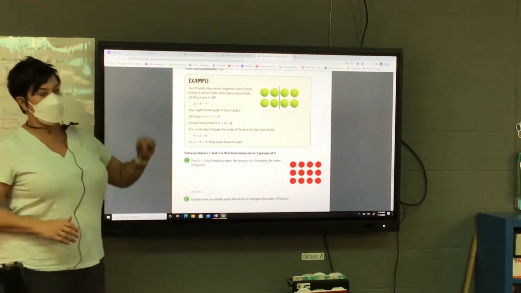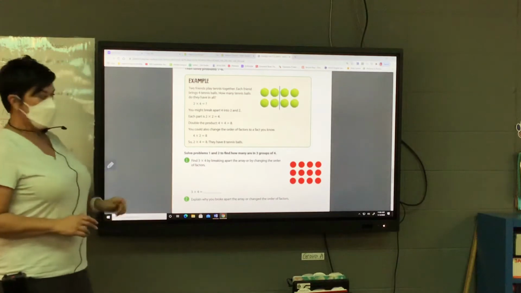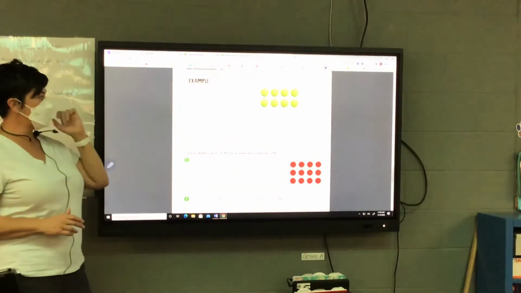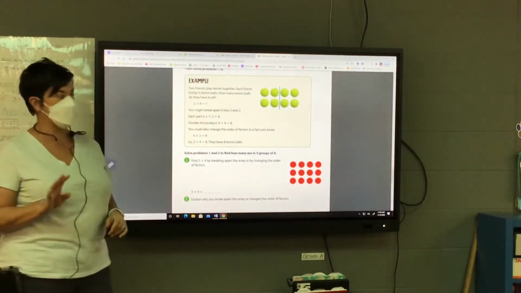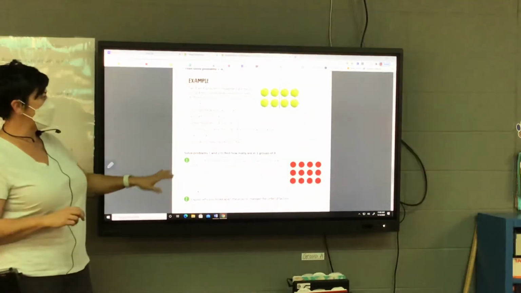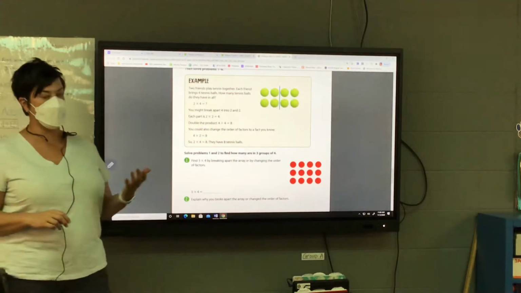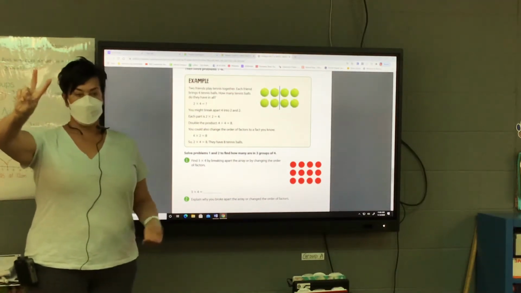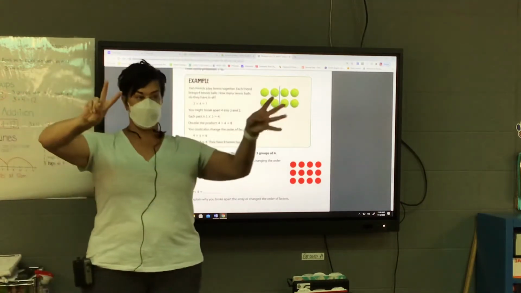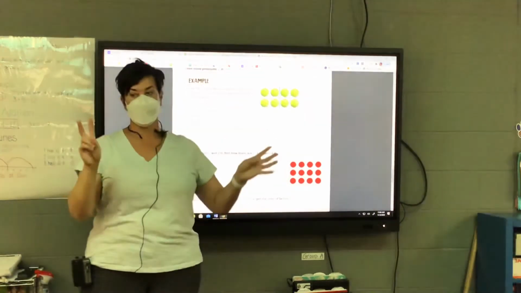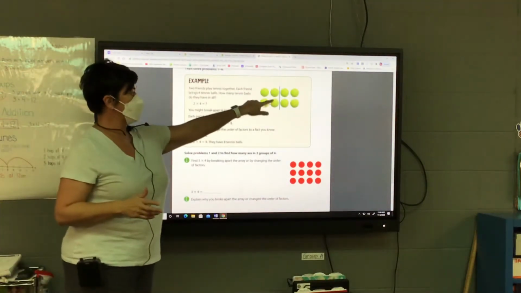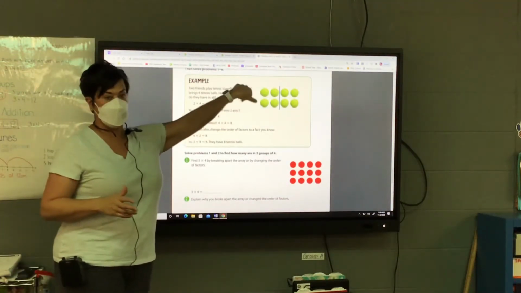Okay, read the example with me. 2 friends play tennis together. Each friend brings 4 tennis balls. How many tennis balls do they have in all? So there's 2 friends, and each one brings 4 tennis balls. So we have to figure out how many there are in all. This friend brought how many? 4.